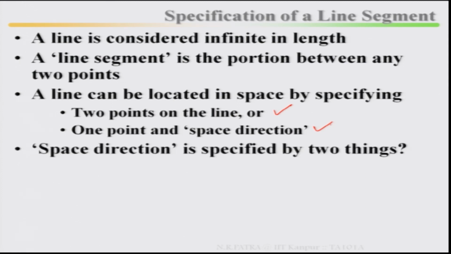Remember this. Space direction is specified by two things which I have discussed: slope of the line and bearing of the line. So, this is all about the basic introduction to space geometry.